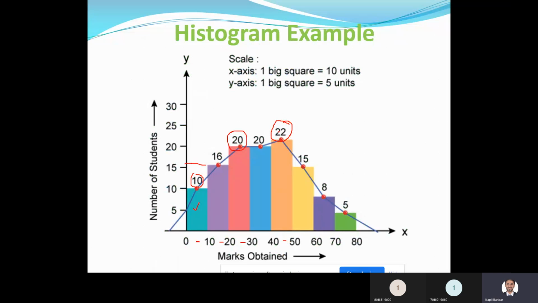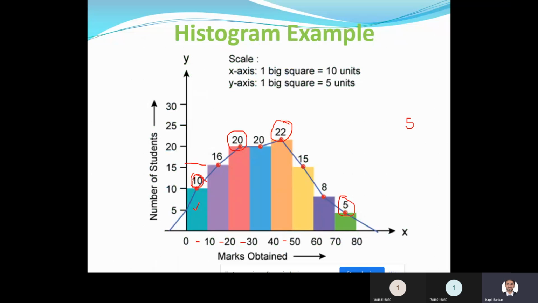So 22 minus 10, a variation of 12. For maximum marks or minimum marks: 5 students got maximum marks and 10 students got minimum marks. So 10 minus 5, a variation of 5 in this. You can say it like that.